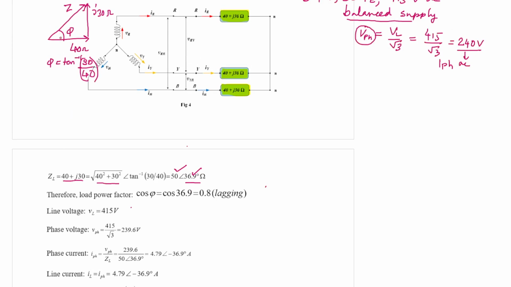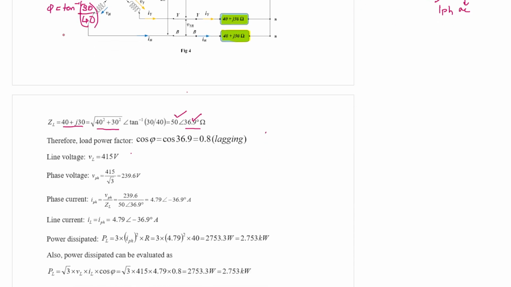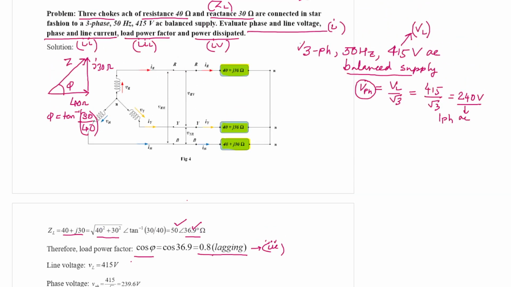Power factor becomes cosine of this angle. So we can straight away evaluate the load power factor. Cos phi is equal to cos 36.9, which is equal to 0.8 lagging. That is our answer for the third parameter, load power factor.